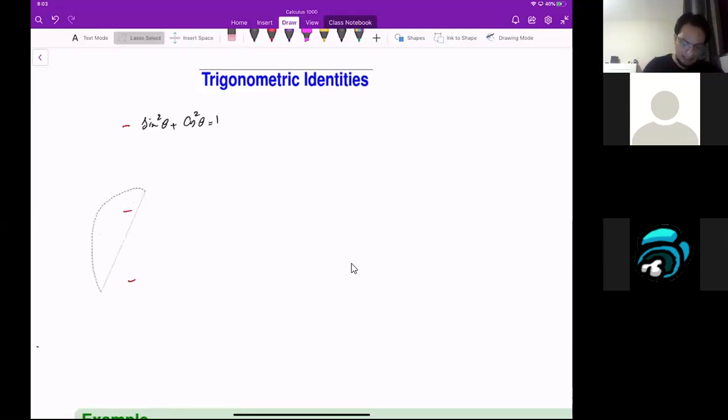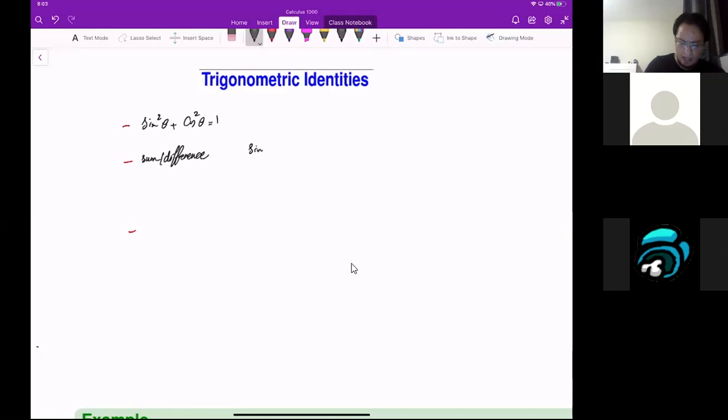Then the second one, and these categories are important mathematically, by the way, is the sum and difference formula. And it's enough to know it for sine and cosine.